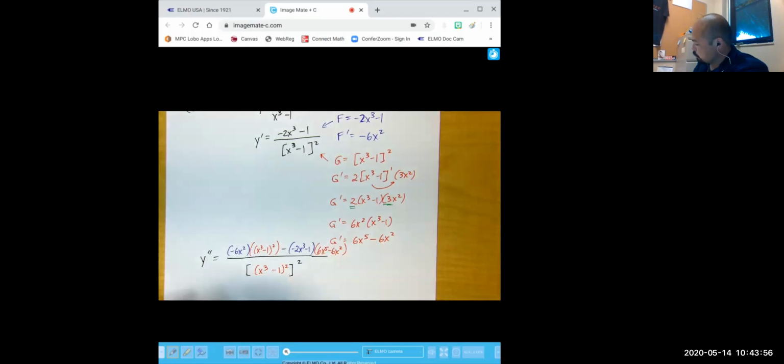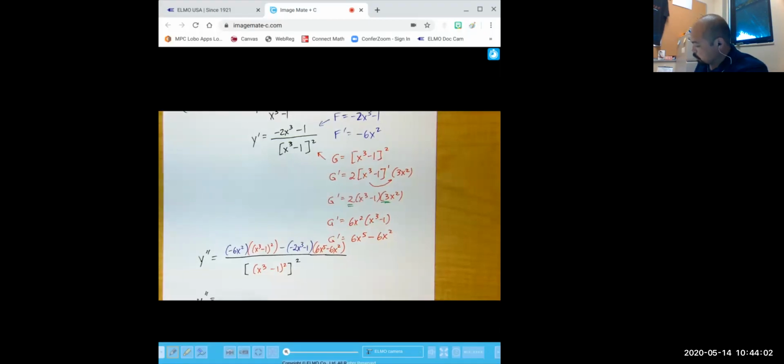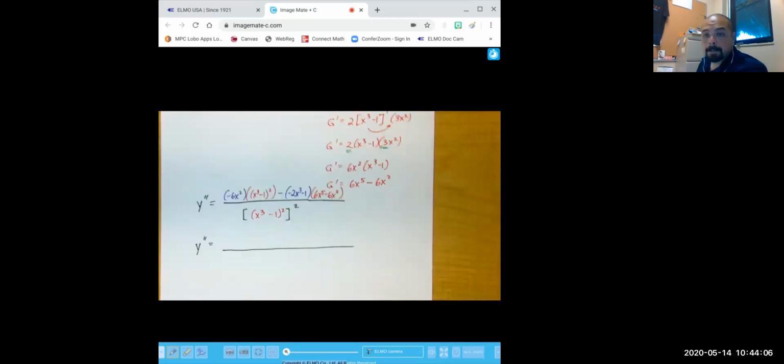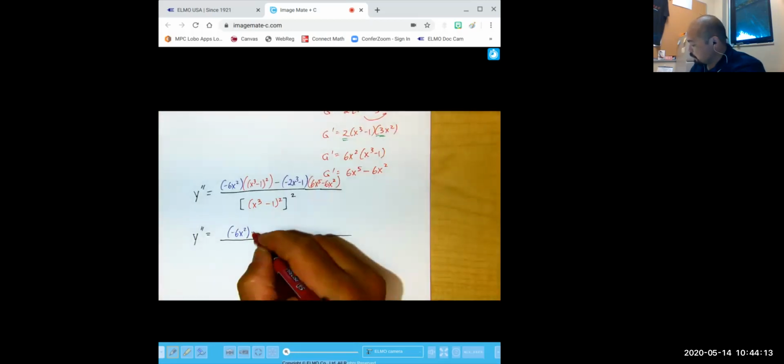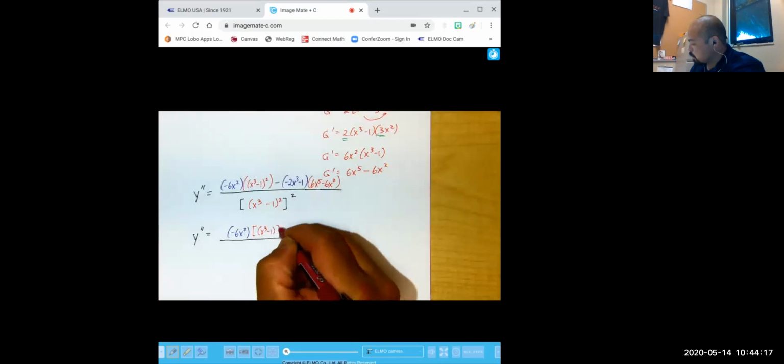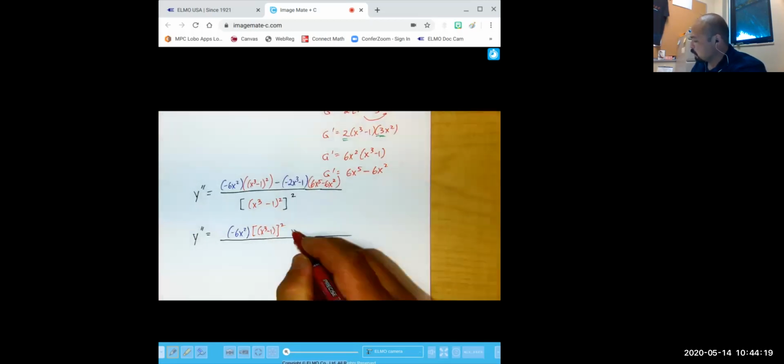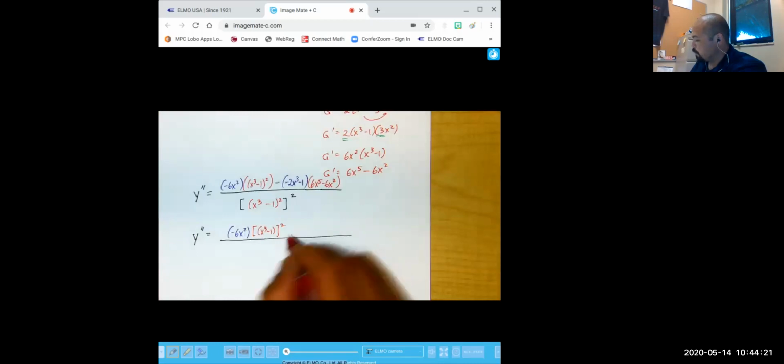Okay. And maybe leave it in that form could have been helpful. So let me do that right here. I'll move this up. But what I have is that negative 6x squared times this x cubed minus 1 squared. I don't know, we're redundant with our brackets and so on, but leave it like that for now.